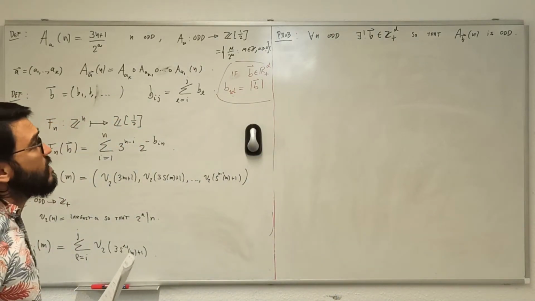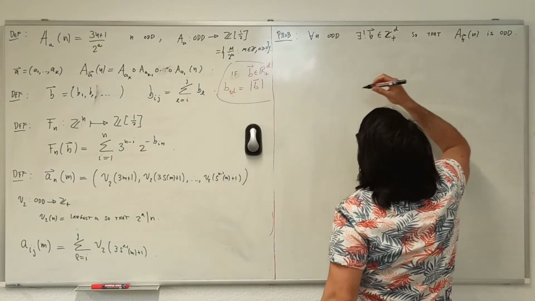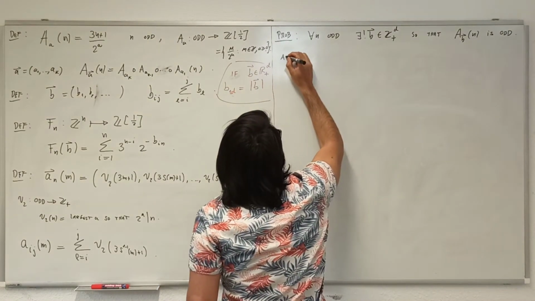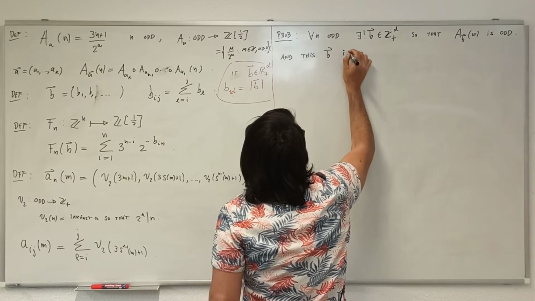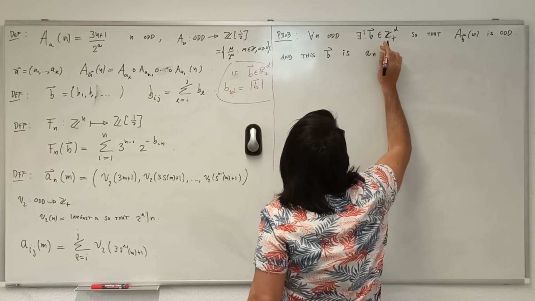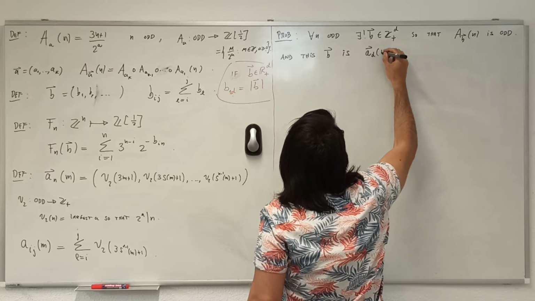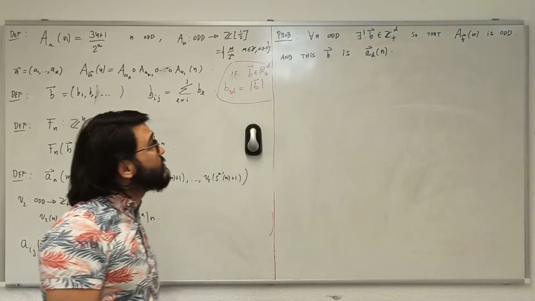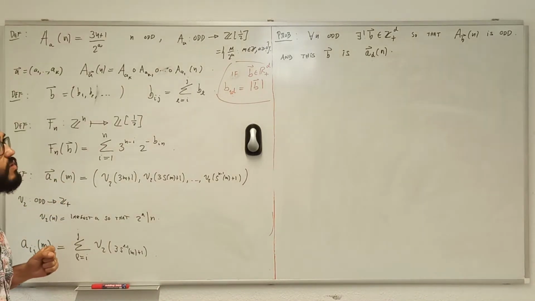Okay. So there is only one, such that this is odd, and this b is exactly the vector a_d of n, so it's exactly this vector here we defined.